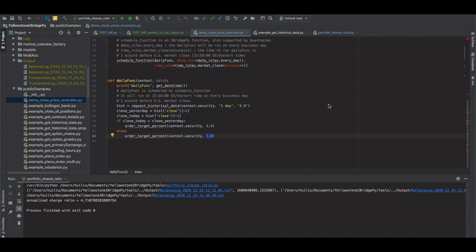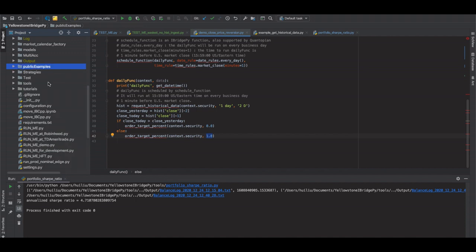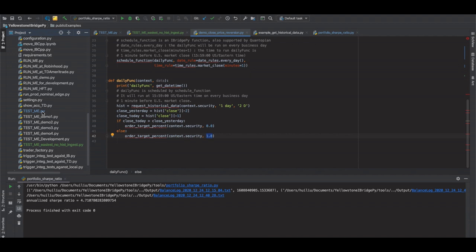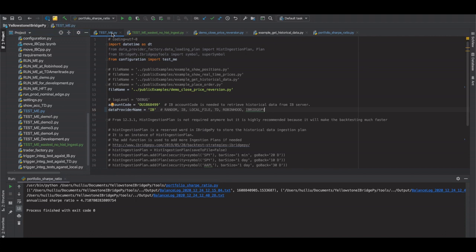Switch to IBridgePy Backtester. The main entrance of IBridgePy Backtester is in the base project folder called test_me.py. Let's switch to this one.